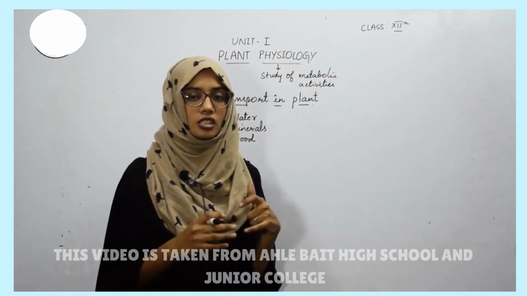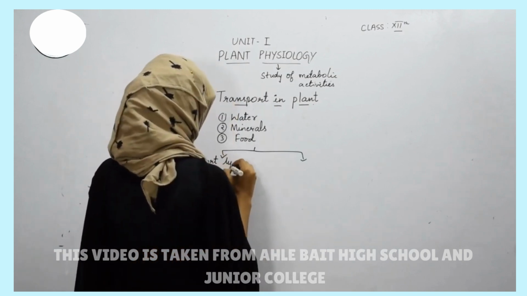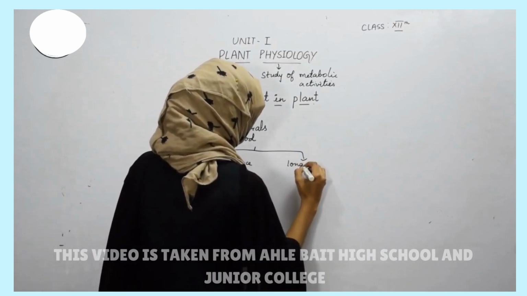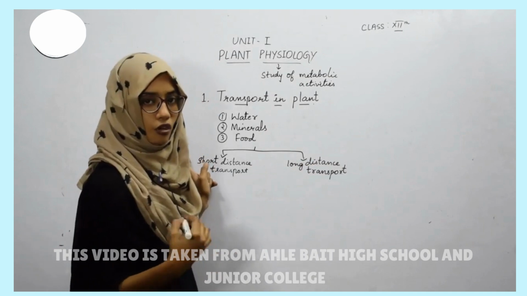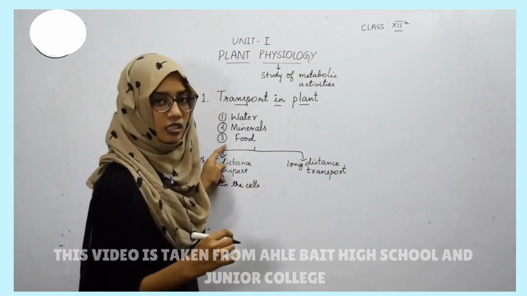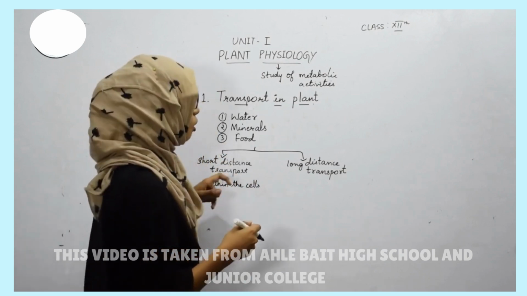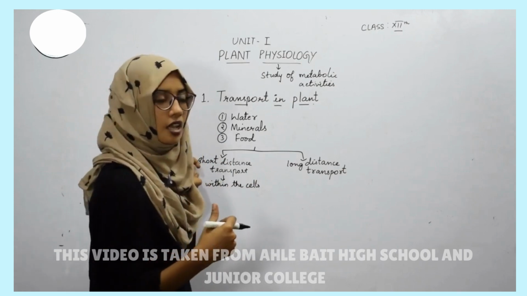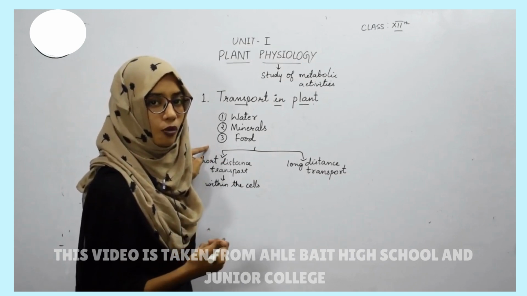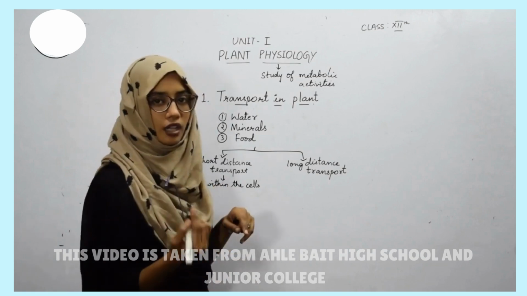If we talk about the distance these materials need to be transported in a plant body, it is of two types: short distance transport and long distance transport. Short distance transport occurs within the cells or from one cell to another cell.